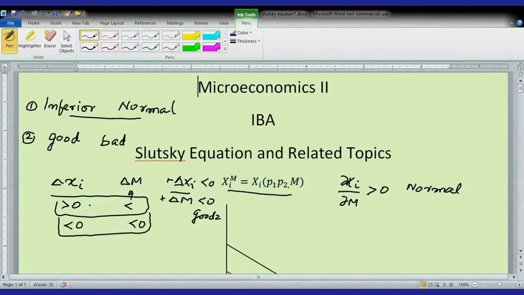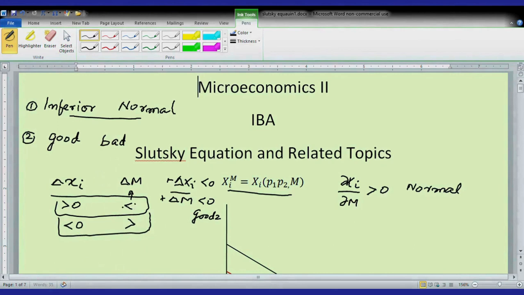And if we observe that income increases, and as a result the change in consumption is less than zero, then this means that these two changes are moving in opposite directions.